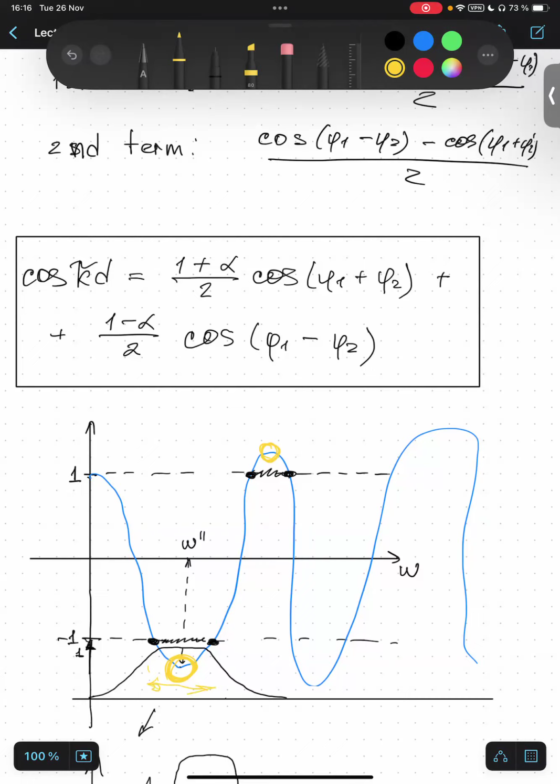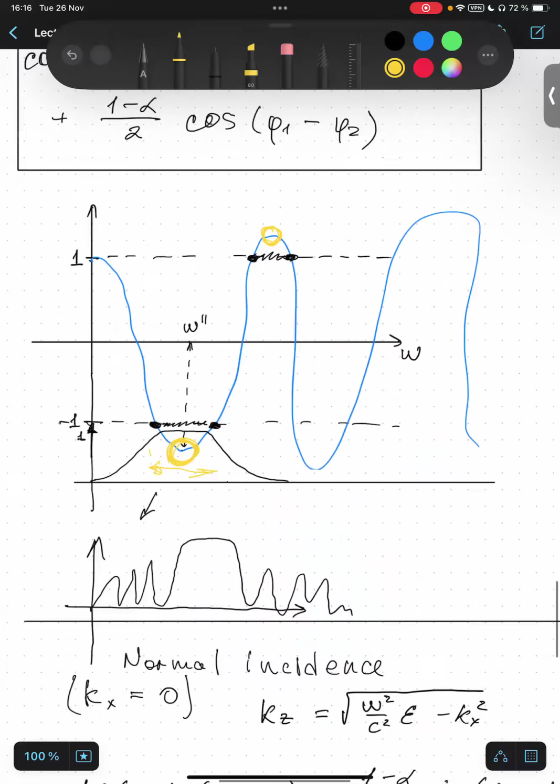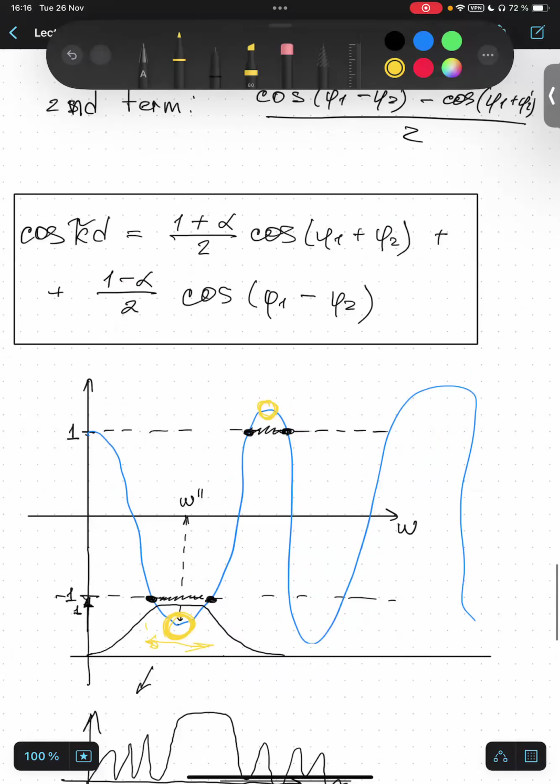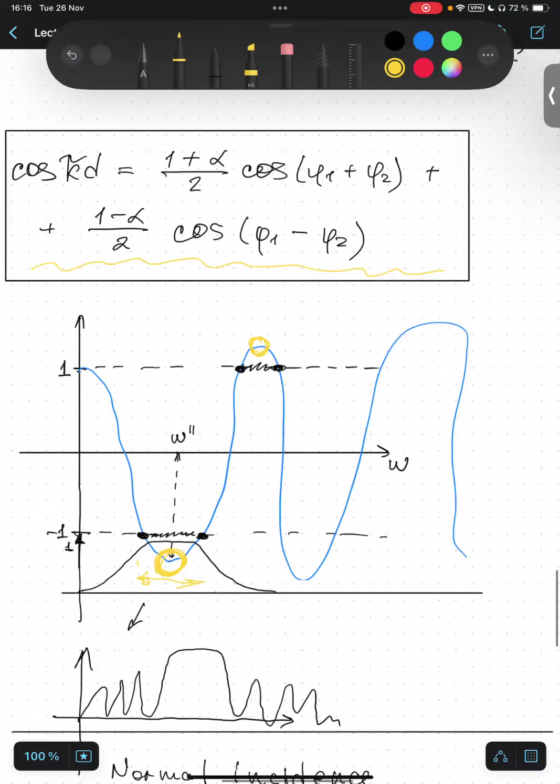We want to find the positions of the band gap. So the exact frequency at which the band gap is the center of the band gap. And in order to find it, we just have to take the derivative of our dispersion relation.